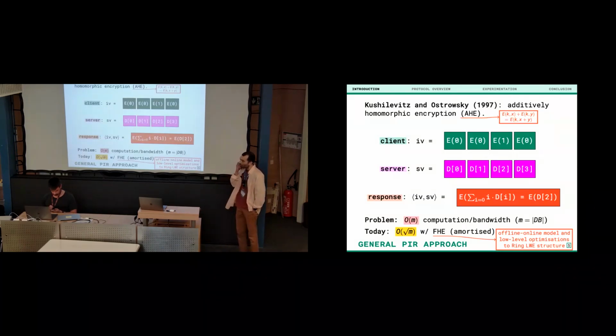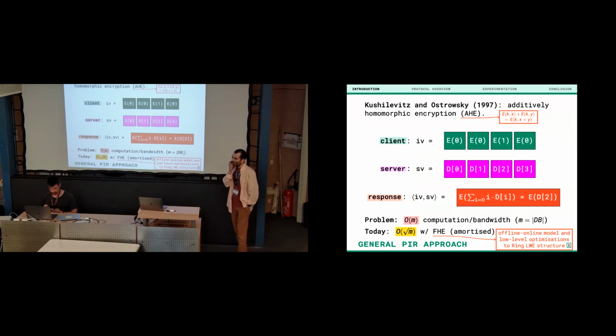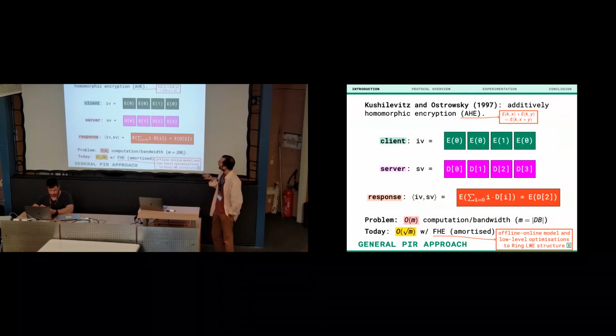PIR has been around for nearly 3 decades, and there's this seminal work by Kushilevitz and Ostrovsky that showed you can build PIR really easily from additively homomorphic encryption. The client has a vector of bits, the same length as the number of elements in the database. The ith bit is set to 1, and the rest of the bits are set to 0.